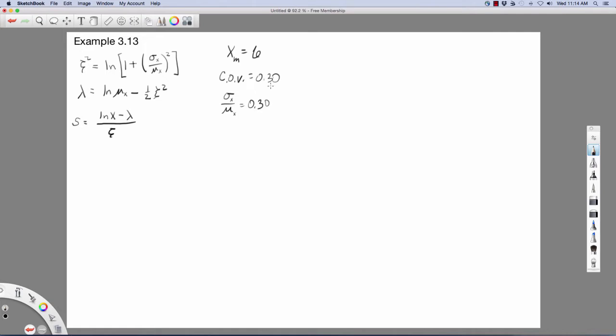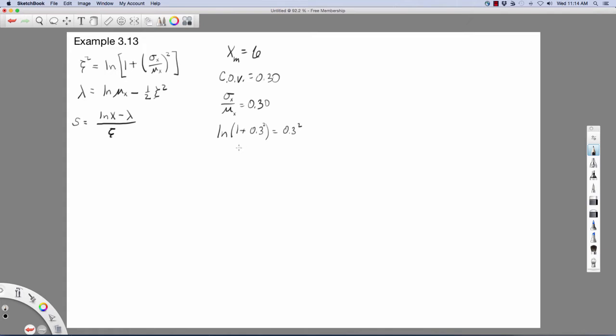The coefficient of variation, your textbook makes an approximation. They say that when the coefficient of variation is 0.3 or less, we can make the approximation that the natural log of 1 plus 0.3 squared is essentially equal to 0.3 squared.